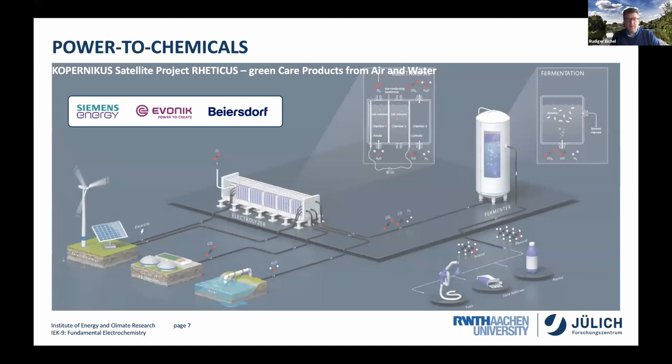And one of the nice examples is shown in a big project that we have in Germany. It's termed the Copernicus project. And here we have one of the satellite projects.